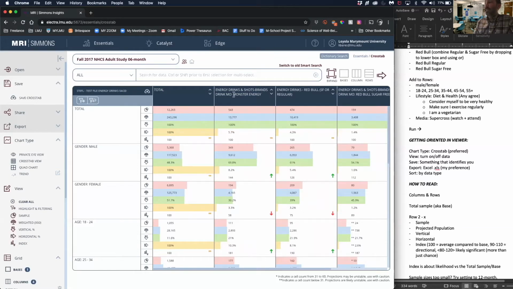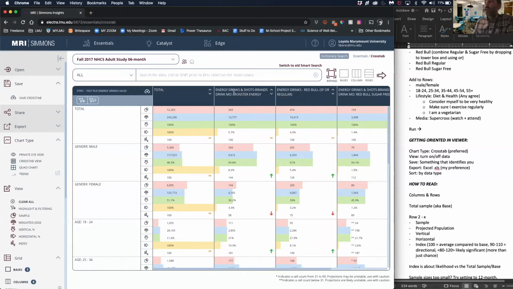This is where it gets interesting. This variable here, the vertical percent, you read it down and over. 30% of Monster Energy drinkers are female. 30% down and over.